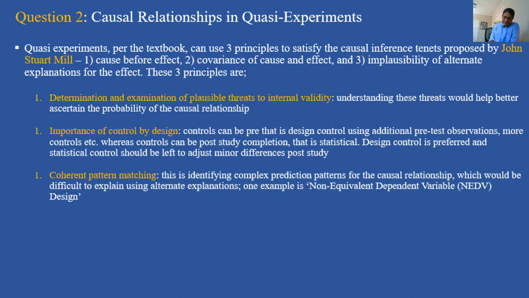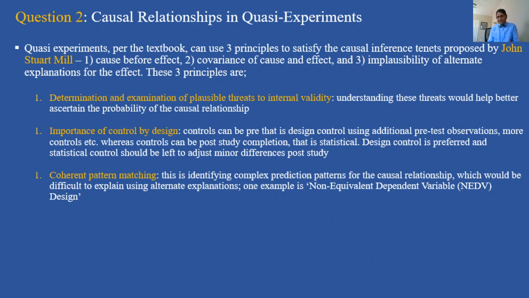Now, randomized experiments and quasi-experiments both can take care of the first tenet, that cause comes before the effect, by manipulating the cause. As far as tenet 2, covariance, is concerned, that can also be taken care of through statistical analysis. The randomized experiments can take care of the third tenet, the implausibility of alternate explanations, through randomization.